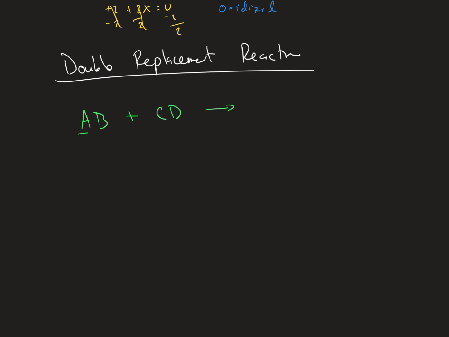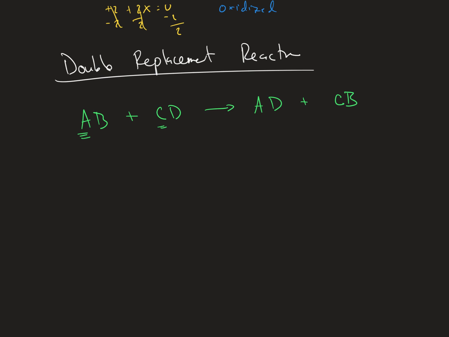A, B, C, D. With D. Why not C? Because the first atoms in an ionic compound are cations, and cations can't come together. We're good? So it's going to be AD and CB, cation first.